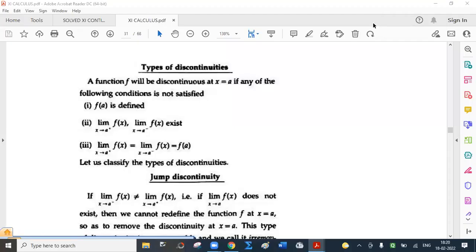Now the next part is types of discontinuities. A function f will be discontinuous at x equal to a if any of the following conditions is not satisfied. f of a is defined.